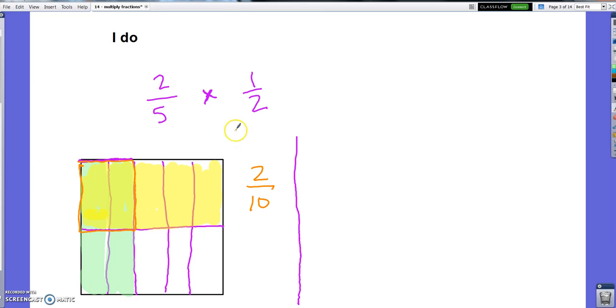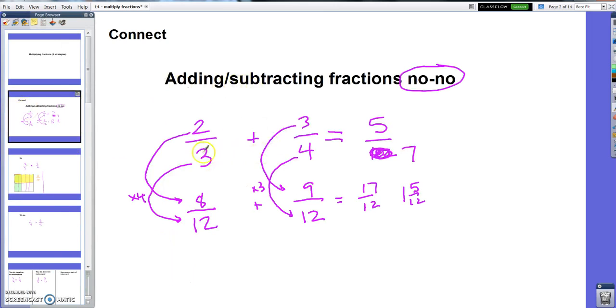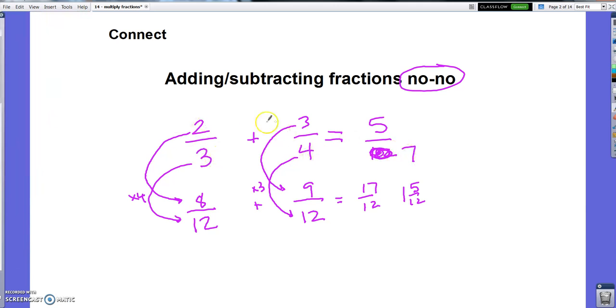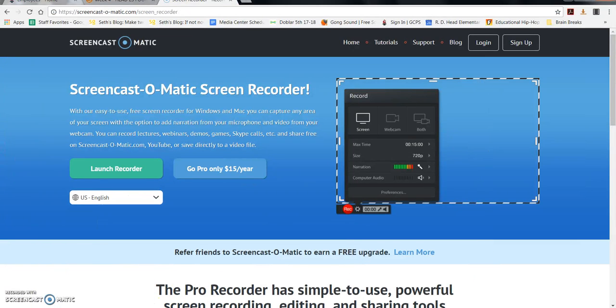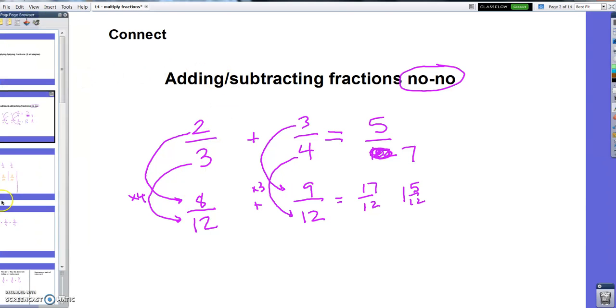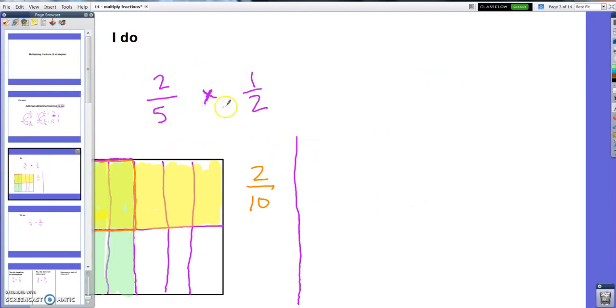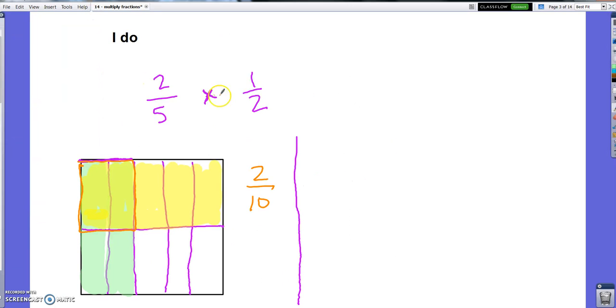Now look what happened. I just went back and showed you when you add and subtract fractions, don't just add the numerators and don't just add the denominators. And when you multiply, it actually works out that way. Because look what our answer is here. I did my nice visual way, and I got 2/10 down here. And look, that really is just 2 times 1 is 2, and 5 times 2 is 10.